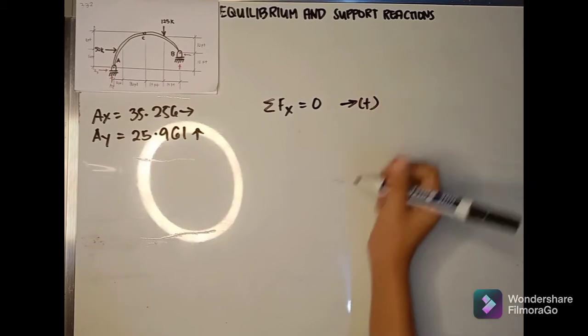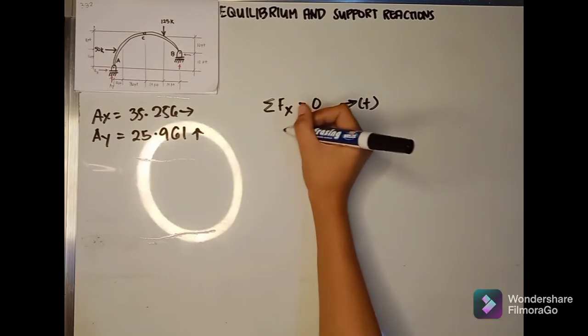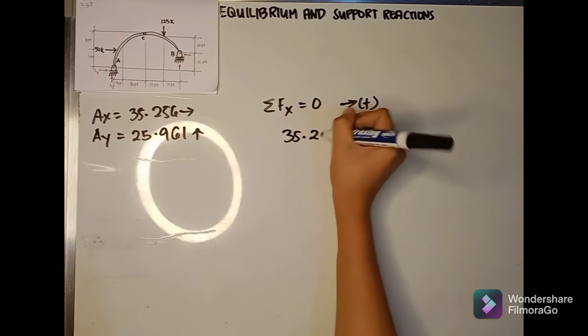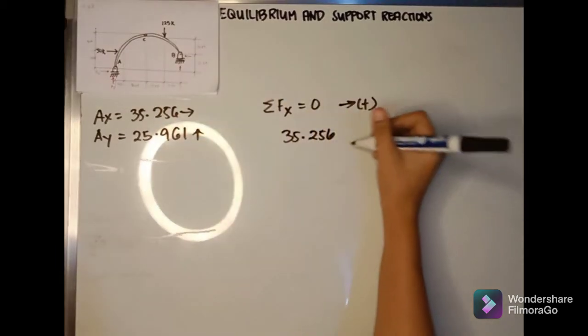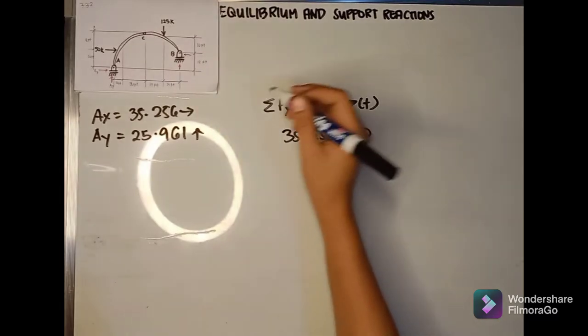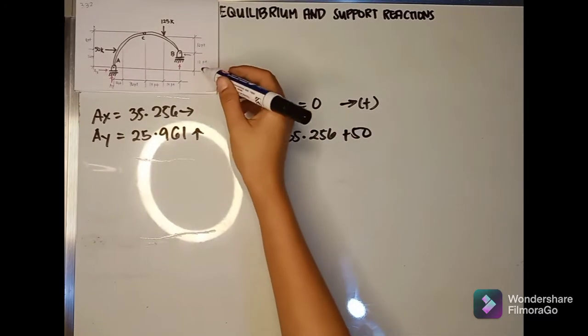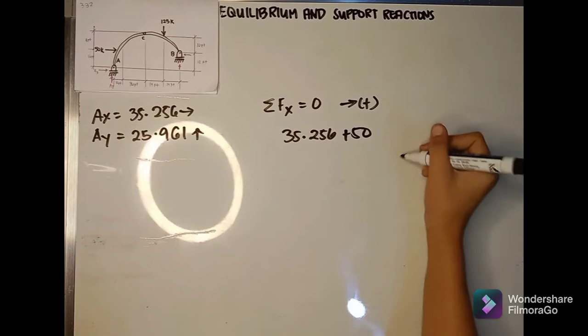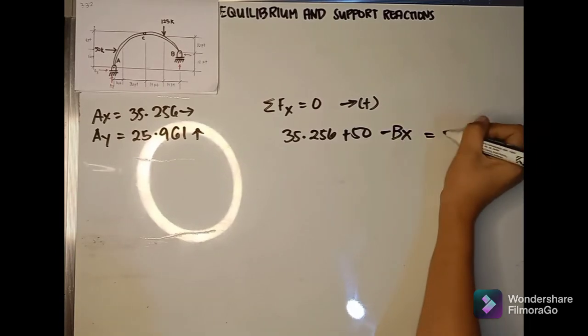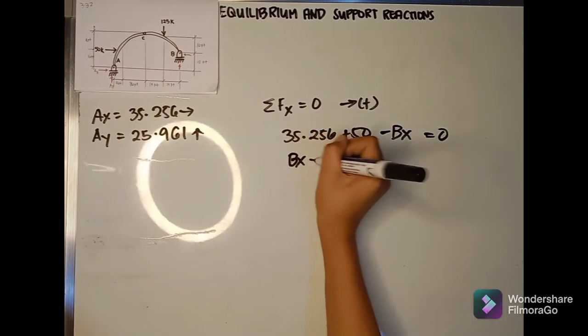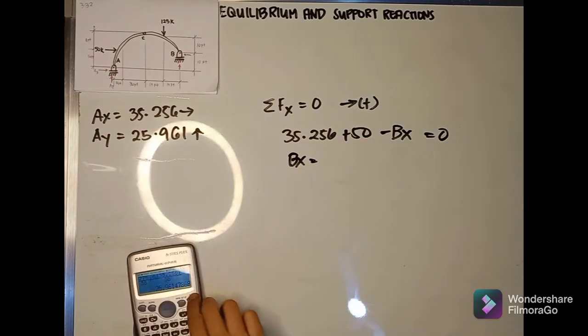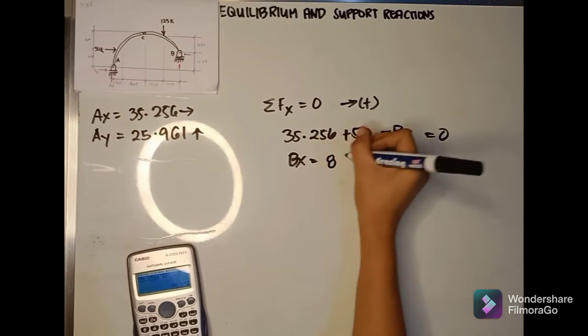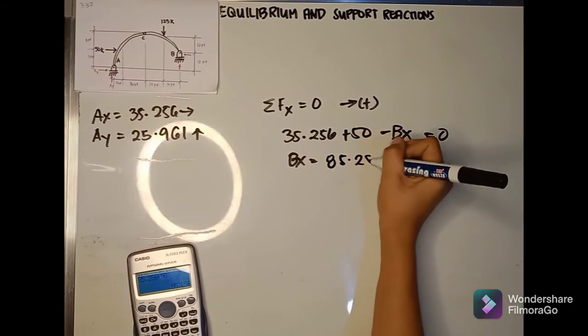The right is positive. Okay, so AX, it is positive, so 35.256 plus 50, and our assumption for BX is negative, so negative BX is equals to 0. So solving for BX is equals to 35.256 plus 50 is equals to 85.256.